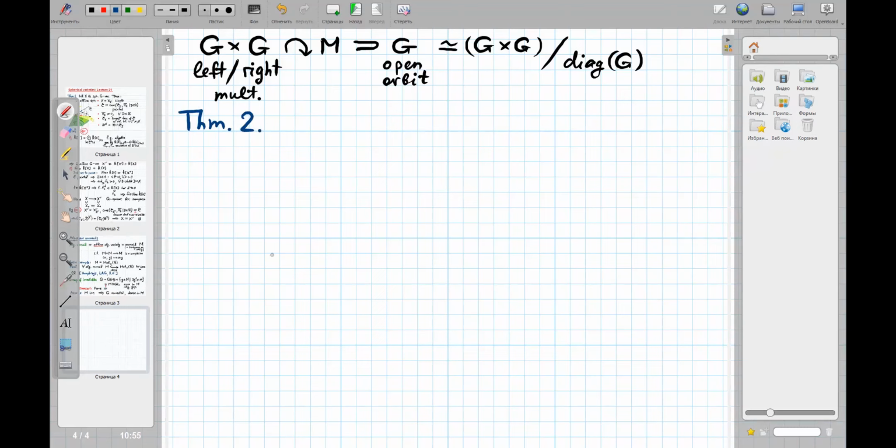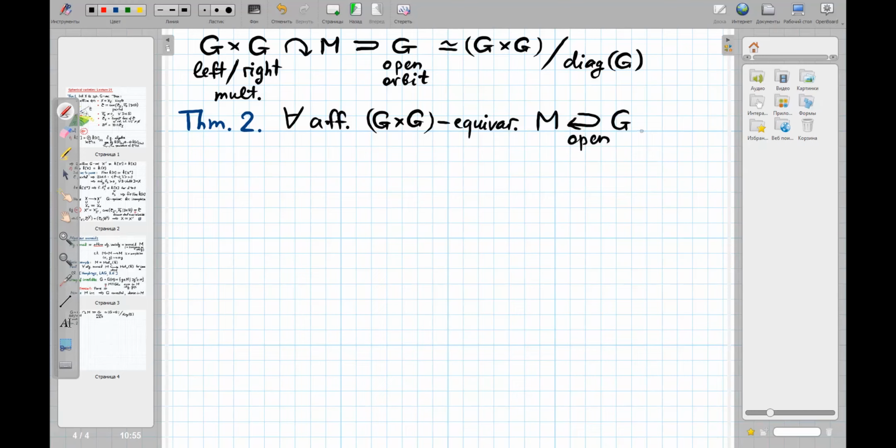The converse statement says that any affine G cross G equivariant open embedding of G is an algebraic monoid, can be equipped with the multiplication law, making it an algebraic monoid.